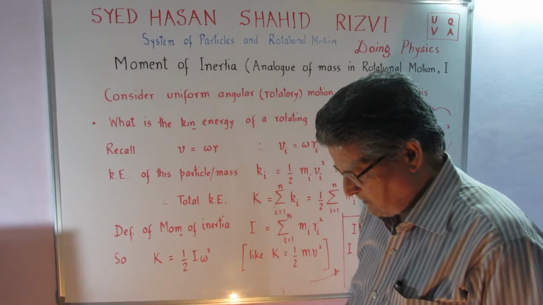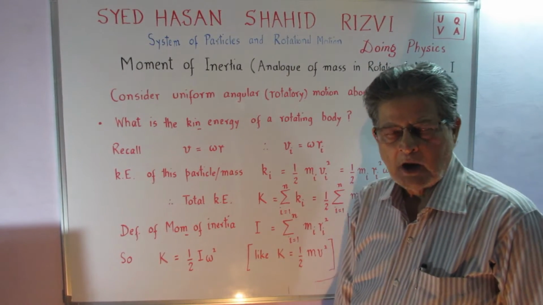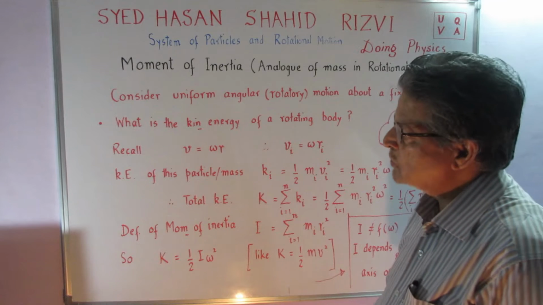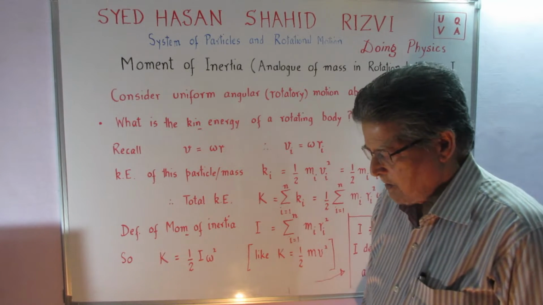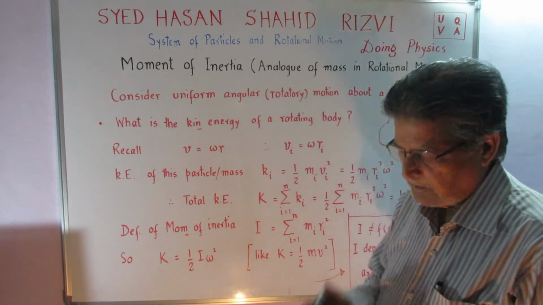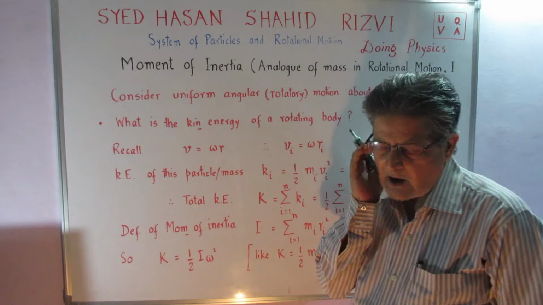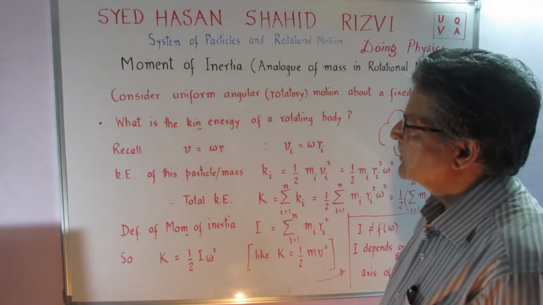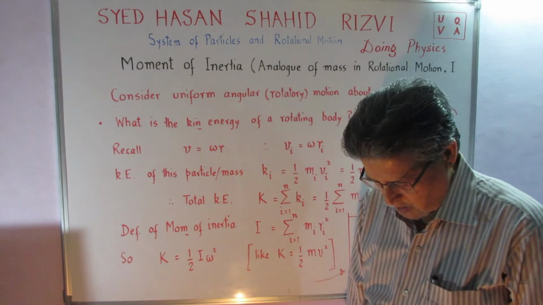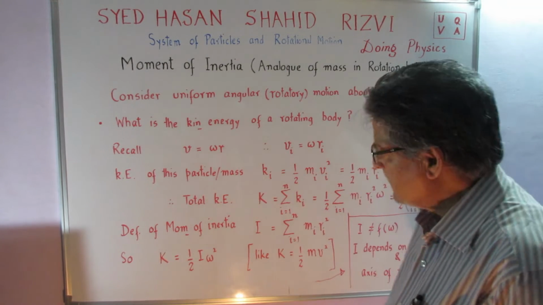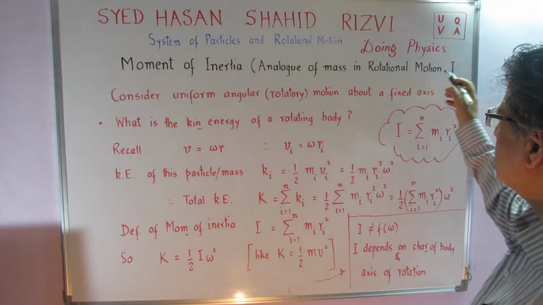So far we have done many attributes of the system of particles and dealt with rotational motion, defined many things, but still we are lacking something which is quite important, and that is moment of inertia, which is an analog of mass in rotational motion.